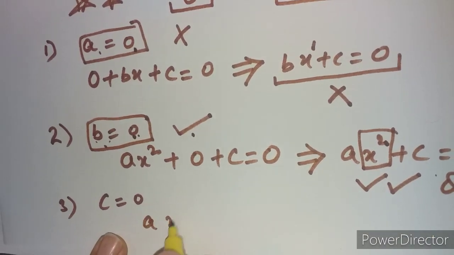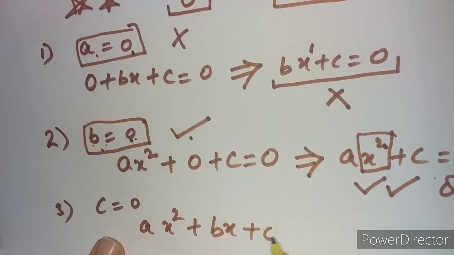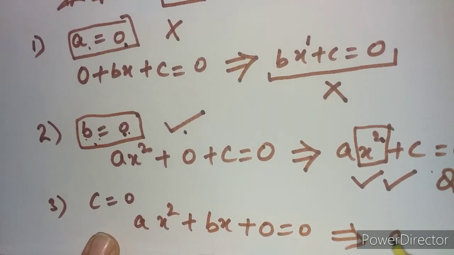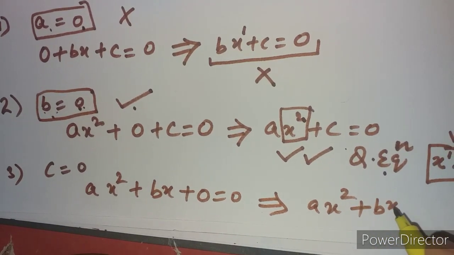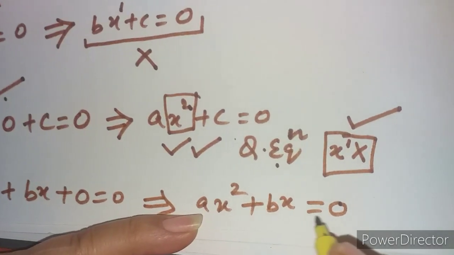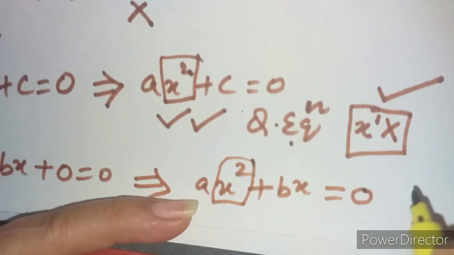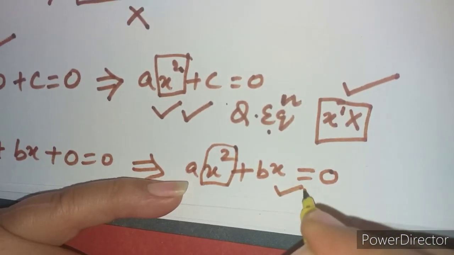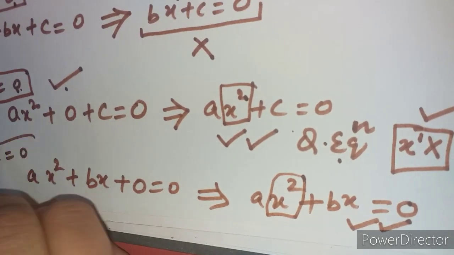Let us check. ax square plus bx plus c equal to 0 means it will be like this only. So our equation will be ax square plus bx equal to 0. Check whether this is a quadratic or not. It is a quadratic because of this term. So very much this is a quadratic. It means c equal to 0 is also allowed.